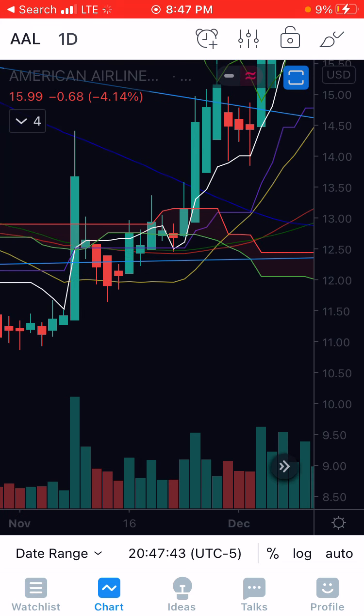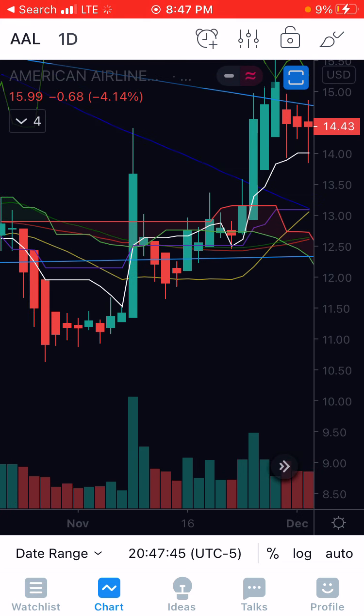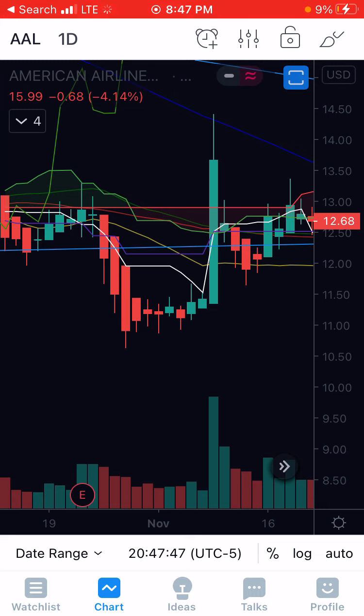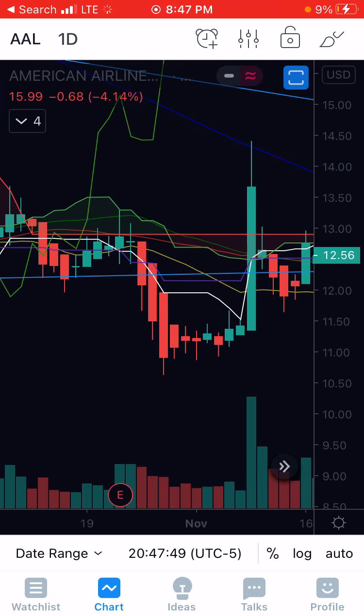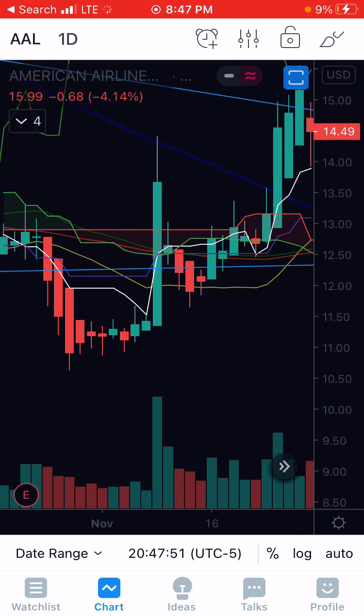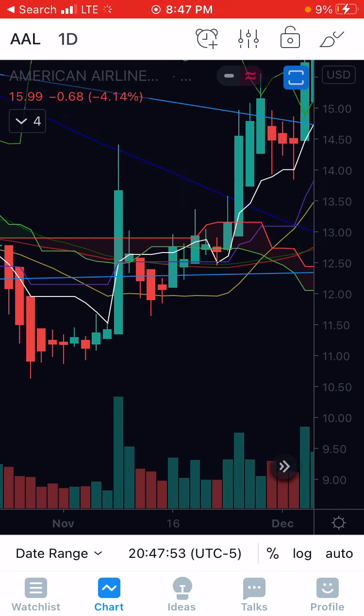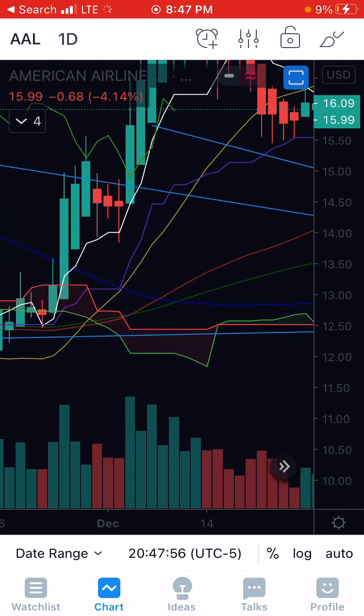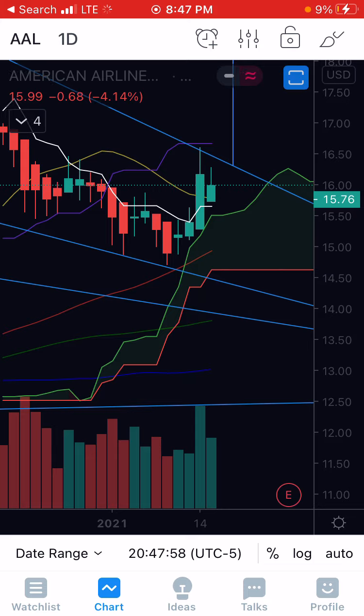I'm just learning this, so I might be a little confused. I guess if the white crosses down below the purple, you have a drop. And if the white crosses above the purple, you have a pump. So I guess that's pretty cool to see.